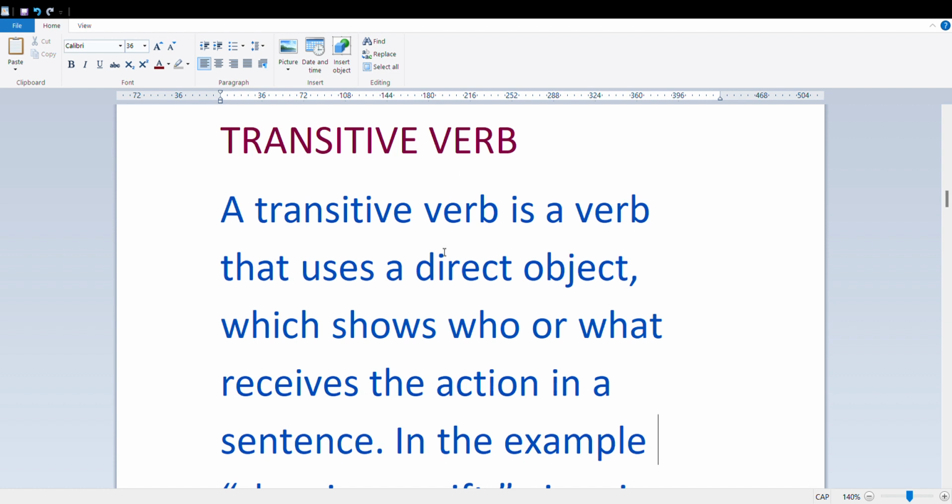A transitive verb is a verb that uses a direct object, which shows who or what receives the action in a sentence. Let's go for the example.